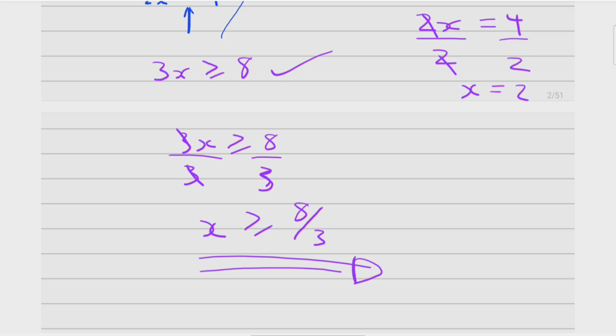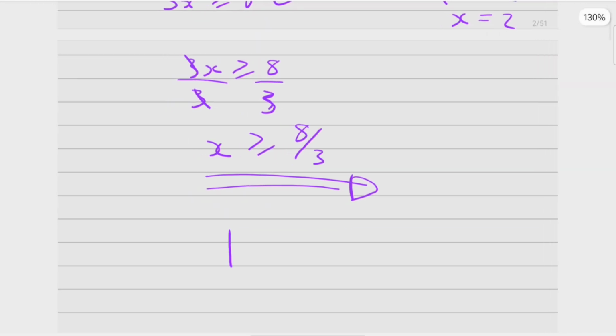And we might also be asked to show this on a number line, right? And for that, we just draw part of the number line. So this will be 0. You know, this is the x, and this is 2 and 2/3, right? So 2 and 2/3, right?